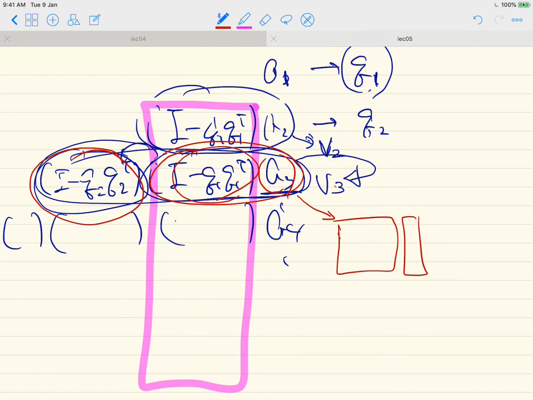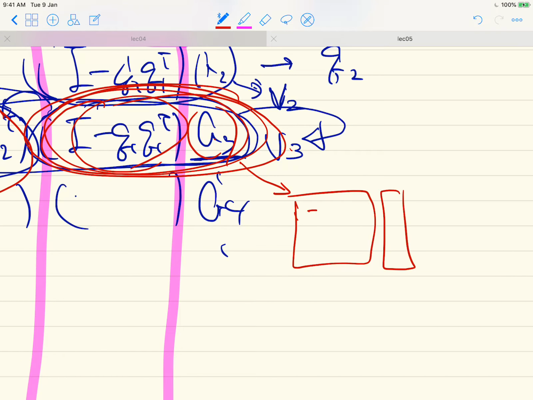We multiply with the resulting vector after this matrix multiplication, which we denote as V2, that keeps getting updated.